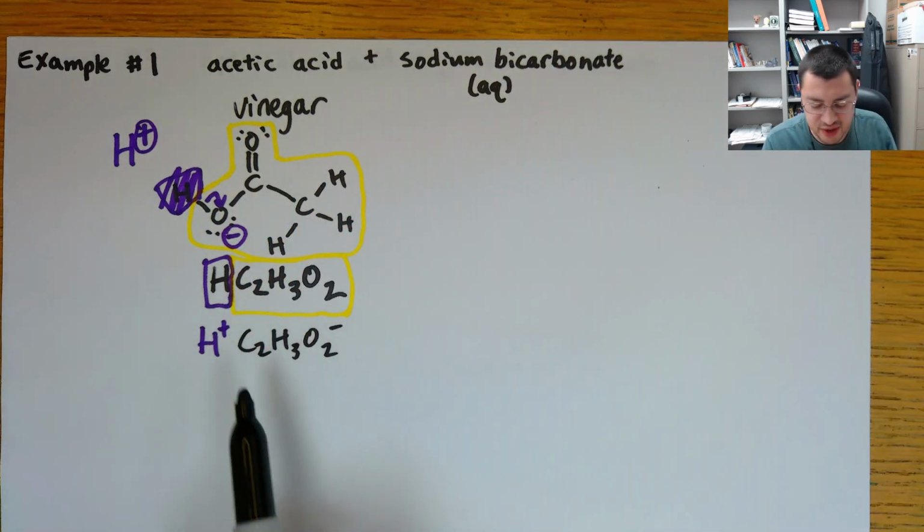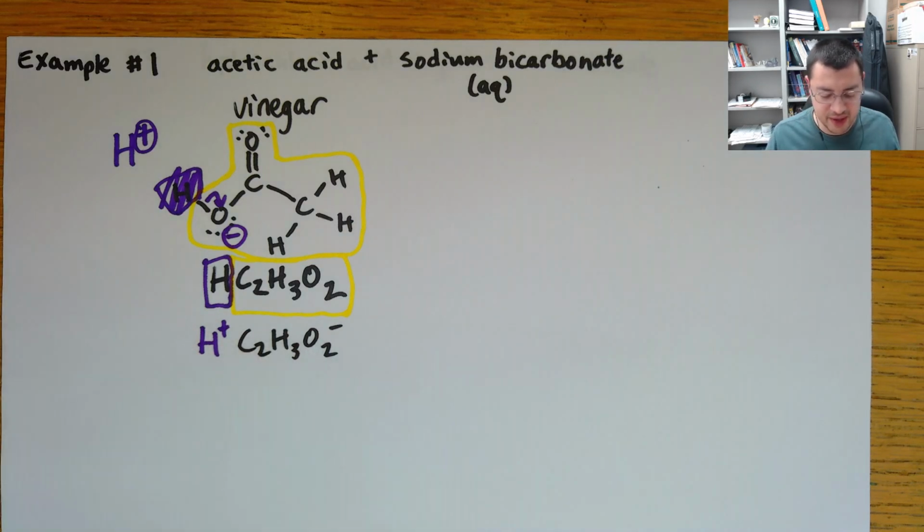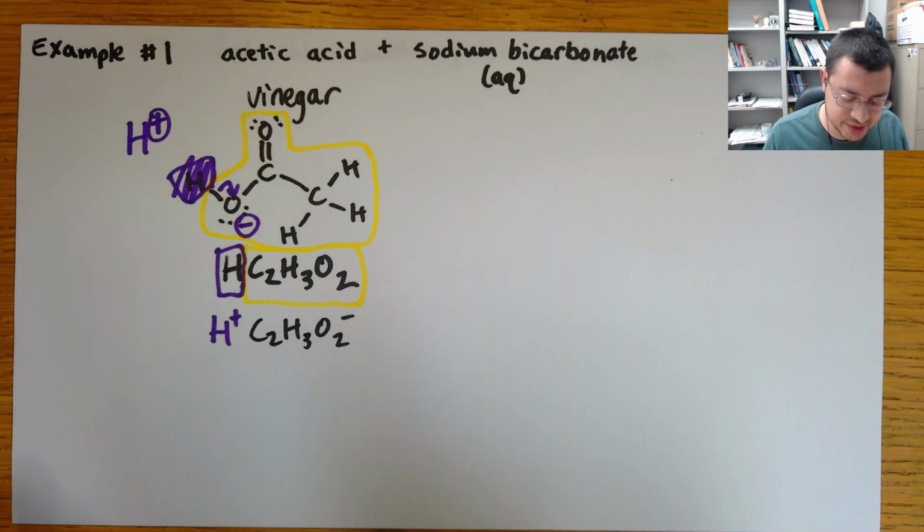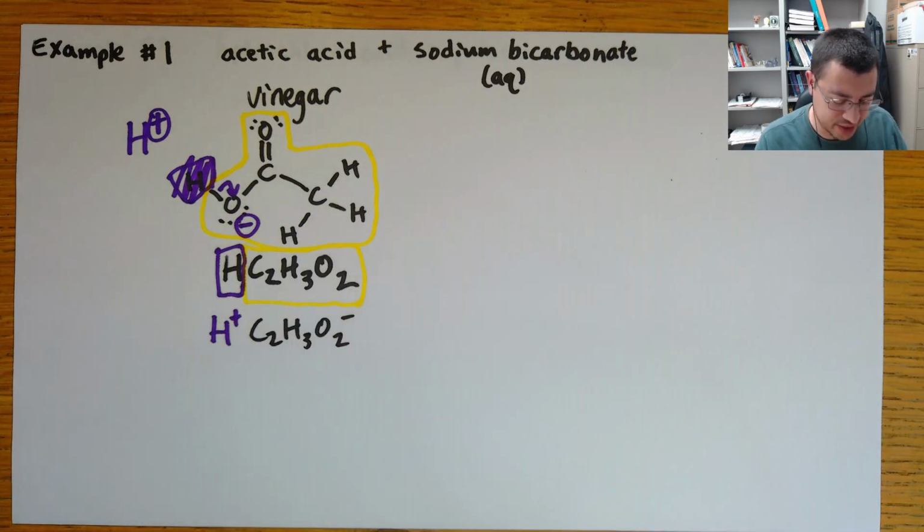All right, it's not like vinegar dissociates a ton in water. It does dissociate a little bit though, so it's a weak acid. But that's a topic for a different video. I just wanted to show you what acetic acid actually looks like in a chemical structure.